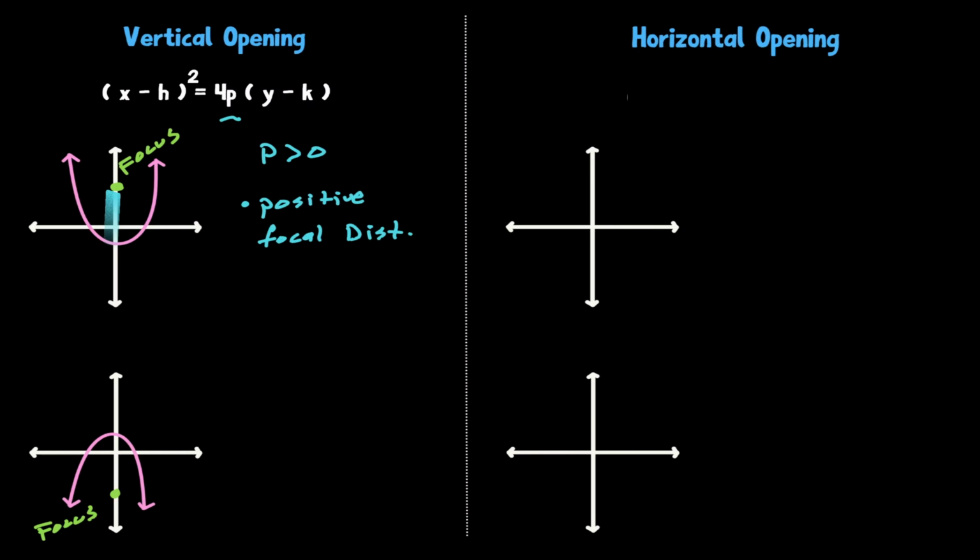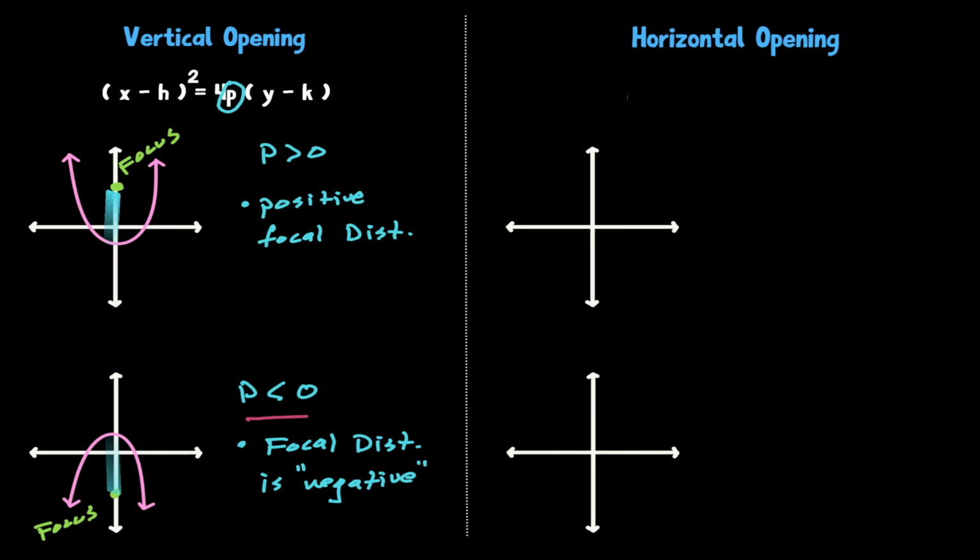But now, if our focus is below the vertex, then we are going to say that the focal distance is negative. So the equation remains the same. The value that we assign for p is what we are going to be using to give direction to the parabola.